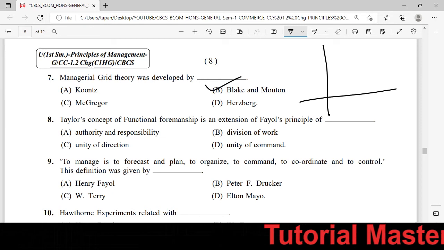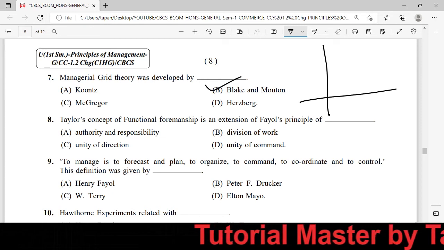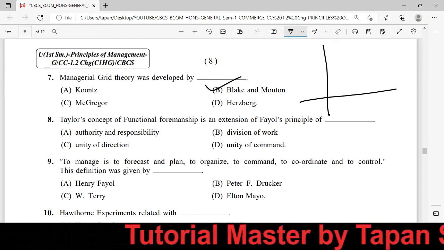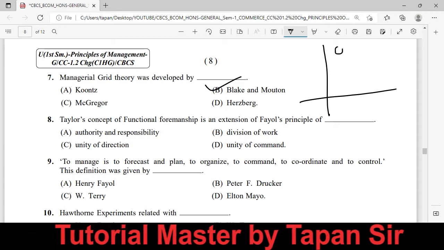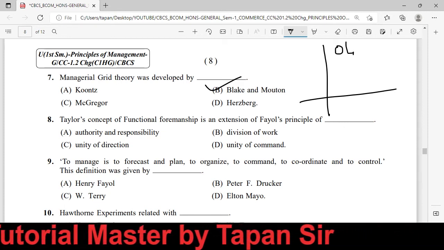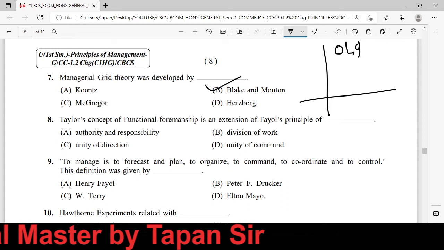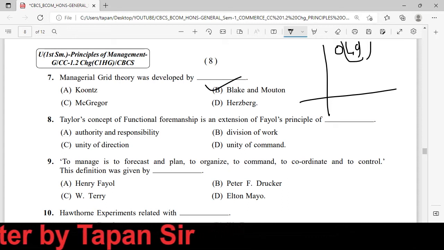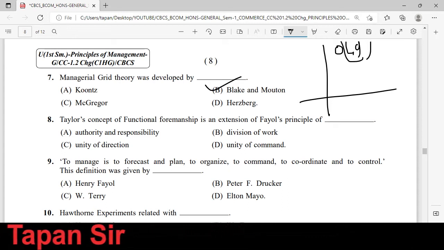You have to make this graph. Then there are 4 parts. Number 1: 1, 9. Then 1, 1. Then 9, 1.